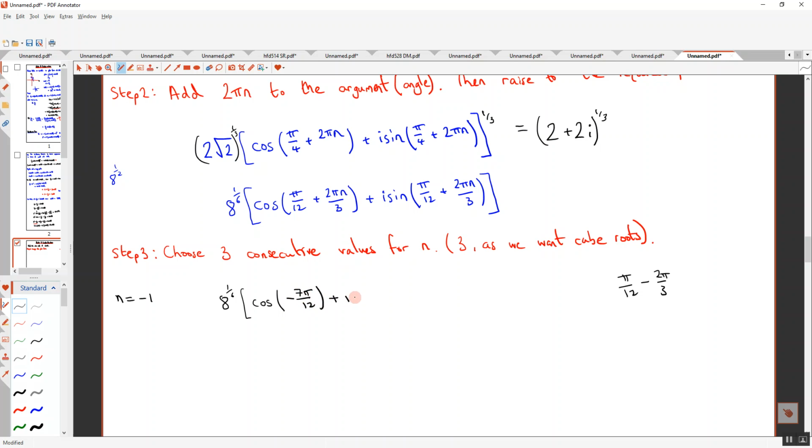And then I've got plus I sine, and that's going to give me the same thing. Now the reason I like to pick a -1, because I know that the next one's going to be dead easy because it's n equals 0. So I get 8 to the 6th cos of pi over 12 plus I sine pi over 12.